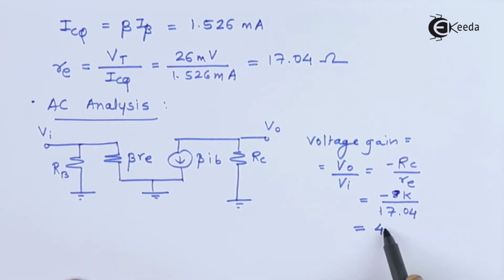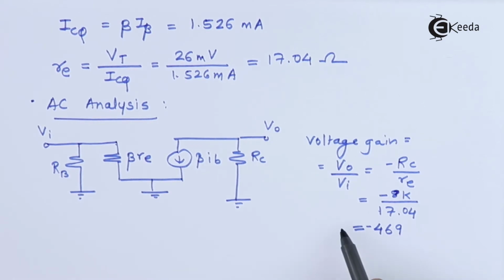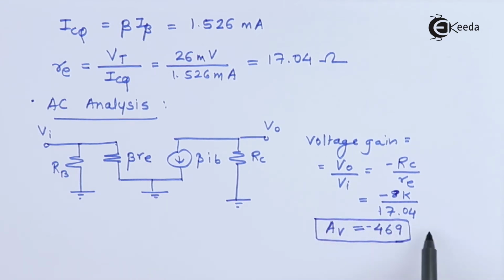Gain is minus 469.06, and we are taking it as 469 directly. So AV is equal to minus 469, that is our finding.